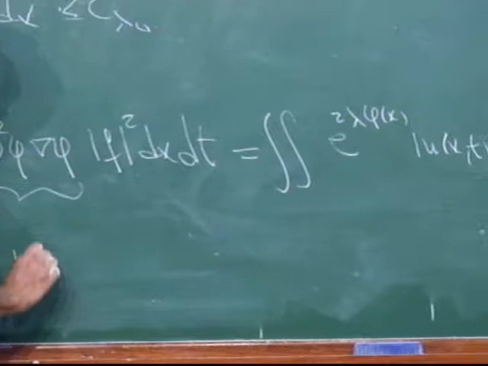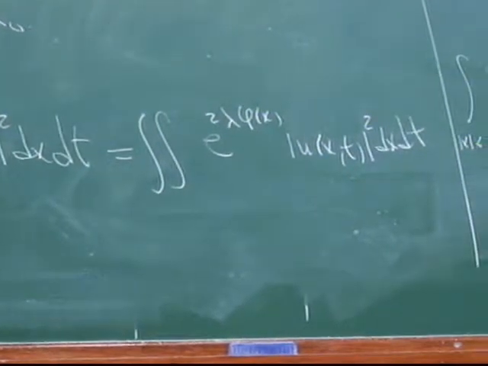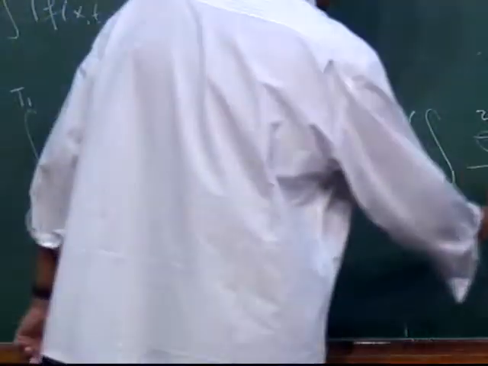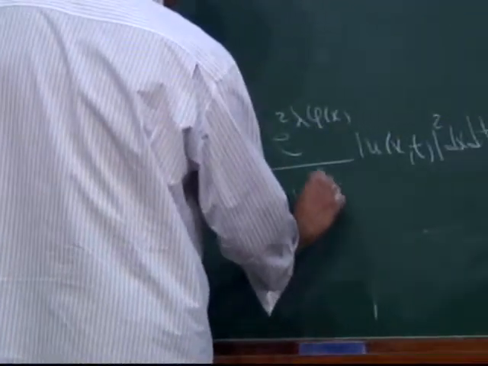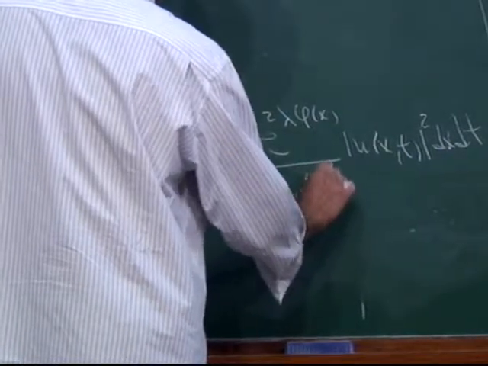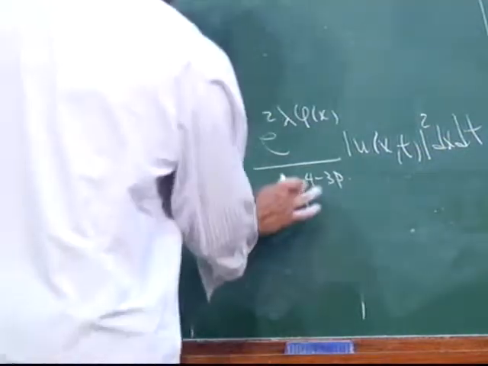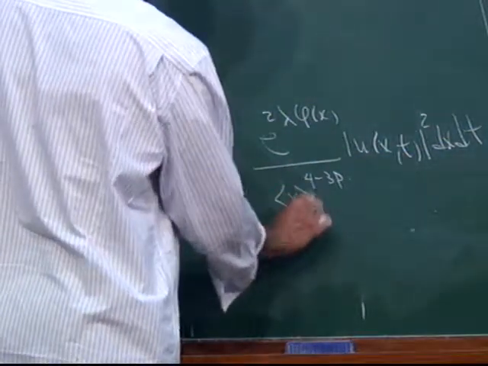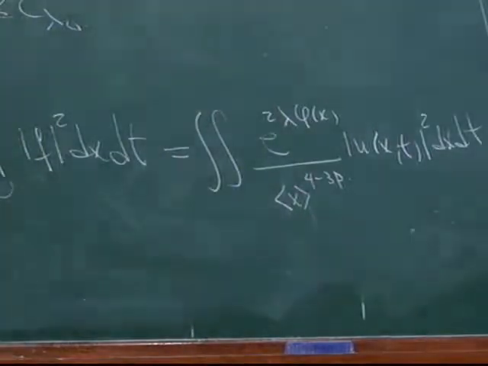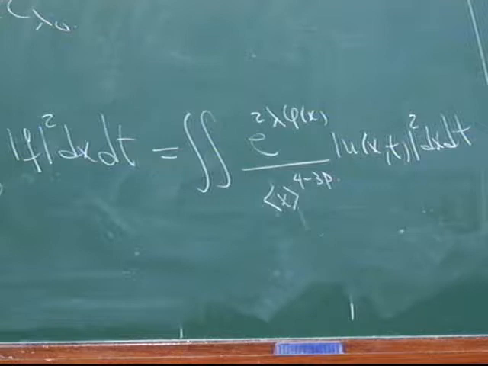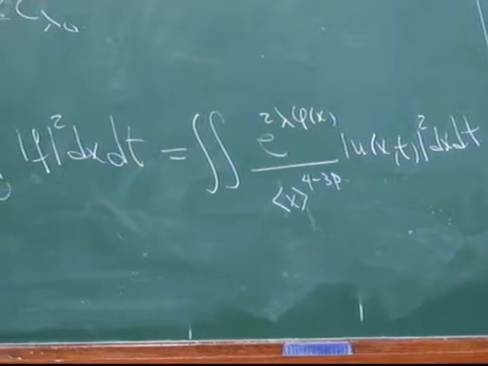This is like x to the power p, 3 times, and you have 4 derivatives. Since minus 4, you have this in the bottom: x to the power 4 minus 3p. But you only care what happened at infinity. You can write this like this. Then you have proved this. In the moment that you prove this, you finish.